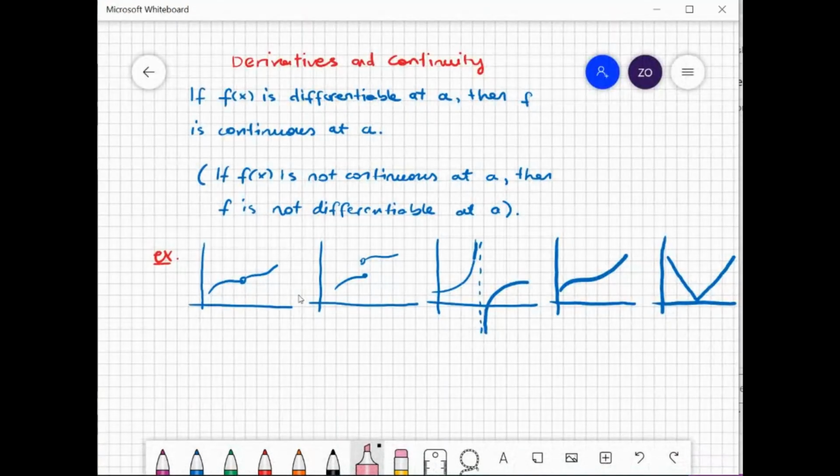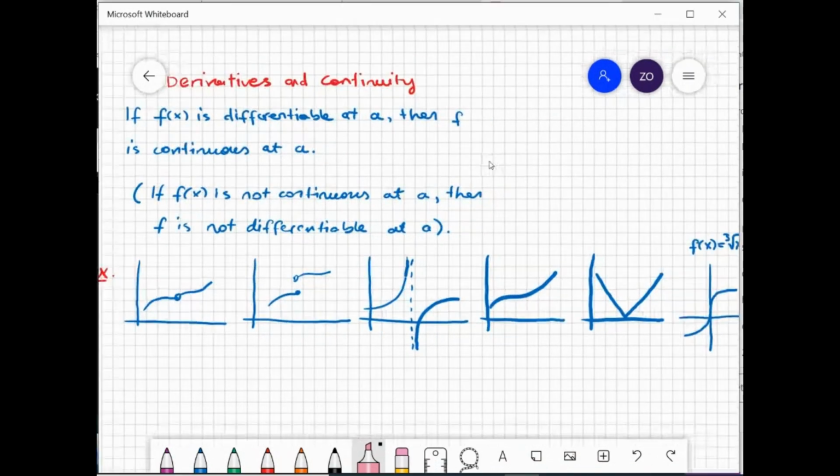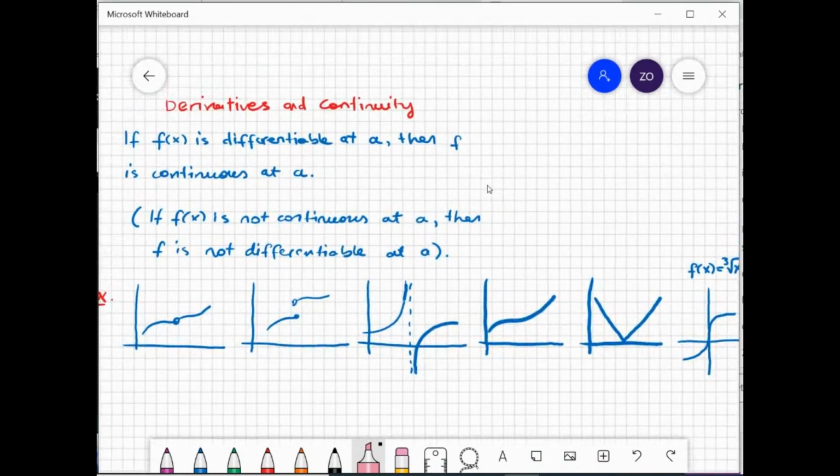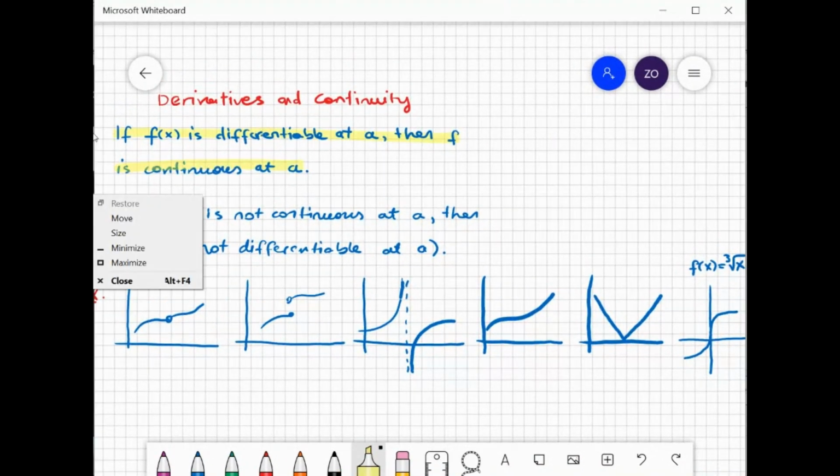Let's talk briefly about continuity and differentiation, derivatives. The relation between derivatives and continuity. If a function is differentiable at a point, then that function has to be continuous at that point.